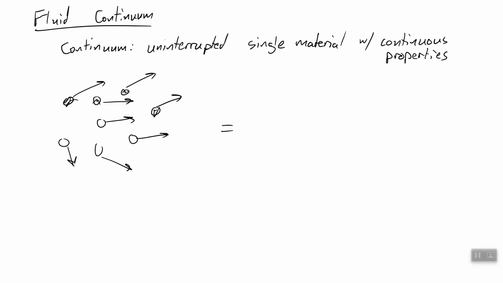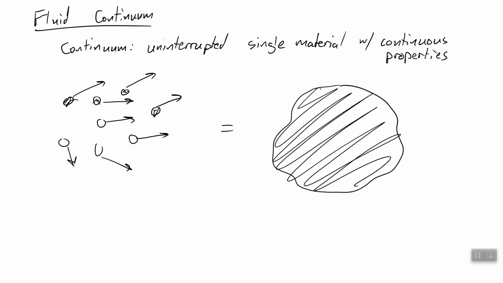So instead, we're going to say, this is not a bunch of little balls. Instead, it is one solid thing that's not a bunch of little tiny molecules. It's just a continuum, and it has continuous properties throughout. So the pressure here is the pressure here is the pressure here.